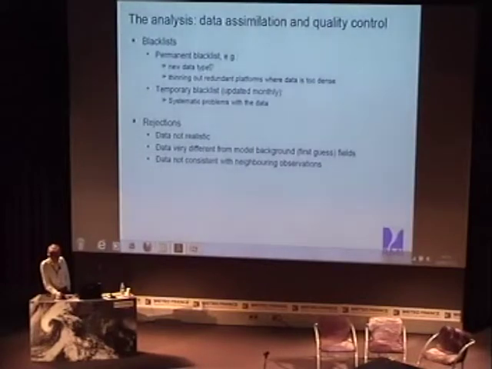There are also permanent blacklists where some data is put systematically, data that is unknown, new satellites, for example, new platforms, just to assess them. And also some data that doesn't need to be used because it's redundant.